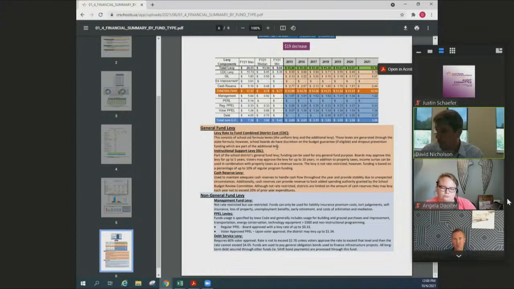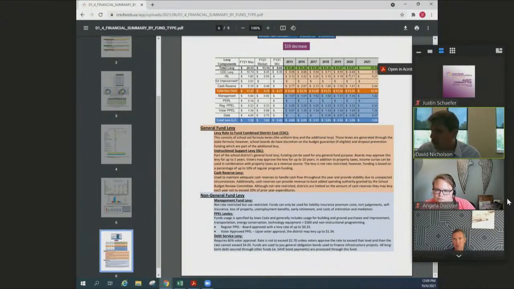It's our enrollment plus weighted enrollments, since you get additional weighted enrollment for special ed and for homeschool assistance. Those are the factors that go into our overall budget, and it is all formula driven.